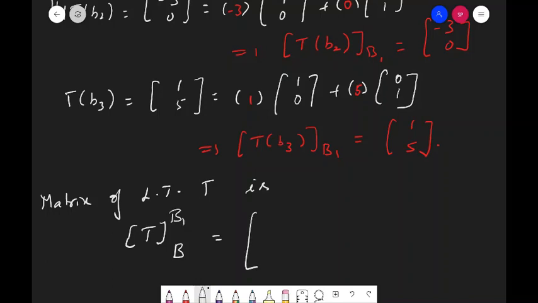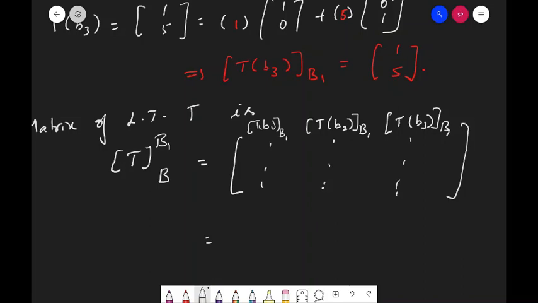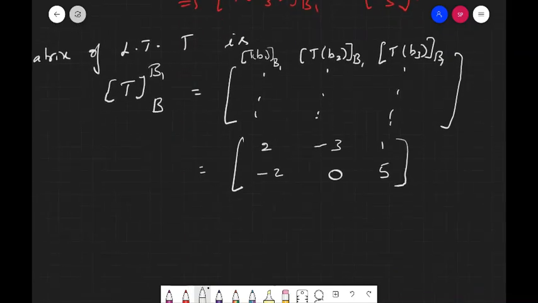It will have as its first column the coordinate vector of T of b1 with respect to B1, the second column will be the coordinate vector of T of b2 with respect to basis B1, and the third column will be the coordinate vector of T of b3 with respect to the basis B1. It is nothing but 2 minus 2, minus 3 0 and 1 5. This is the required matrix.